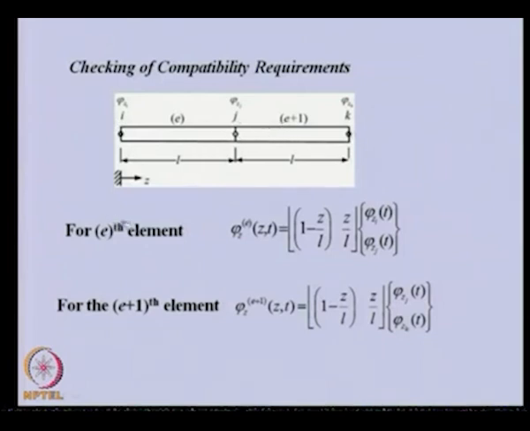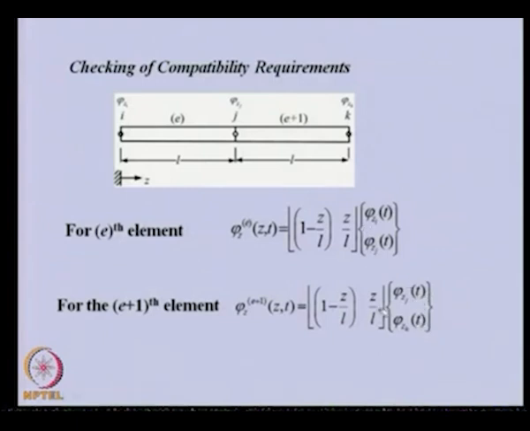Now, for element E, we can write the field variable using the shape function. Here you can see the corresponding node I and J field variables. Similarly, for element E plus 1, this is the field variable for E plus 1, the shape function remains the same, and here the field variables at the nodes will be J and K.